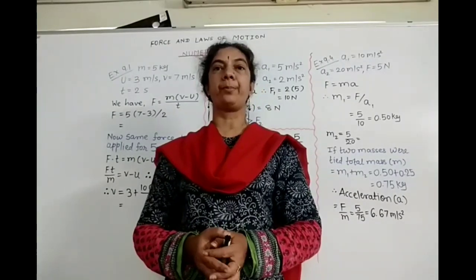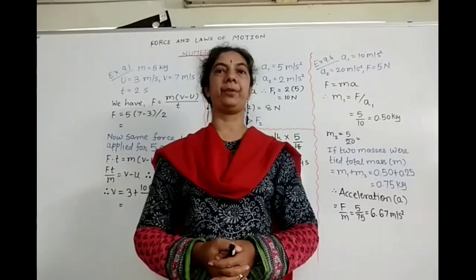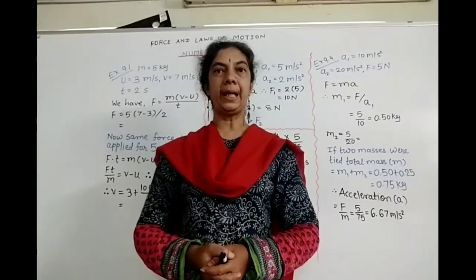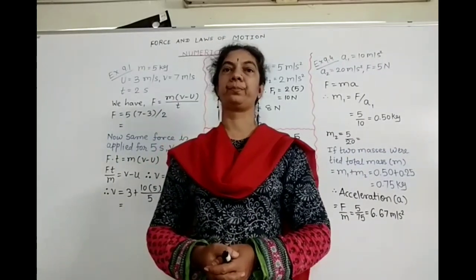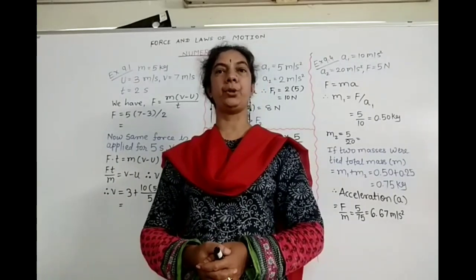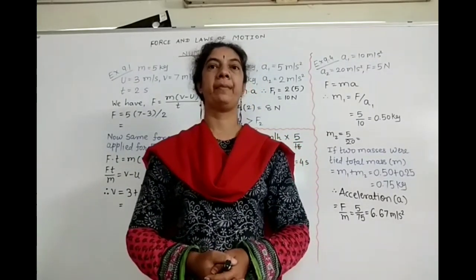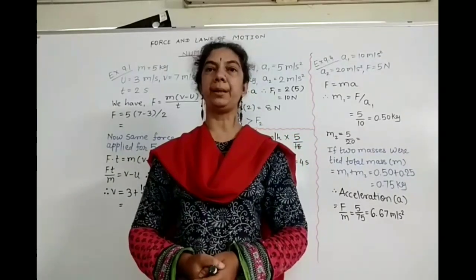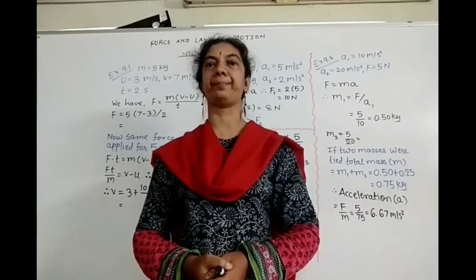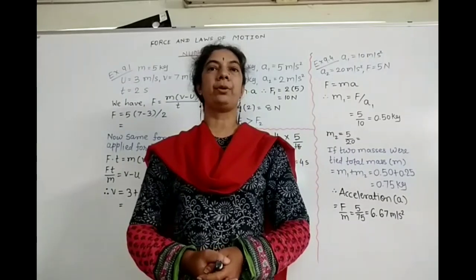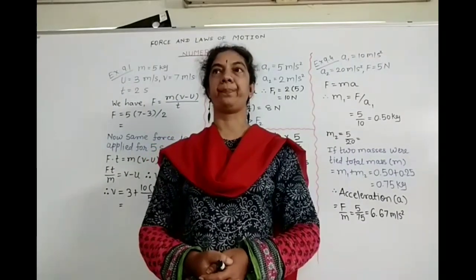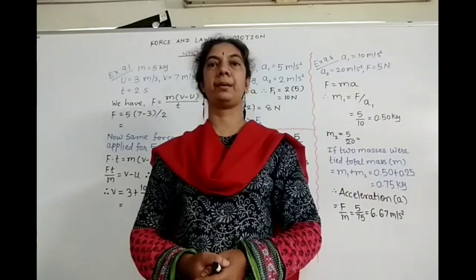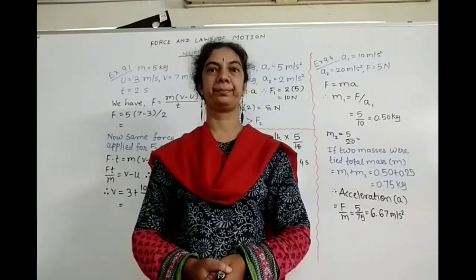The first formula of acceleration we have is a equals to v minus u upon t, and the unit of acceleration is meter per second square. The unit of velocity is meter per second.